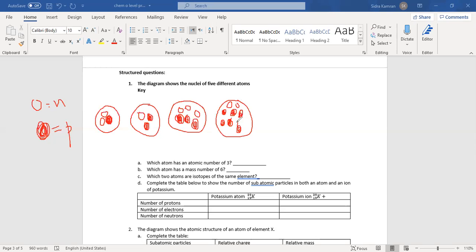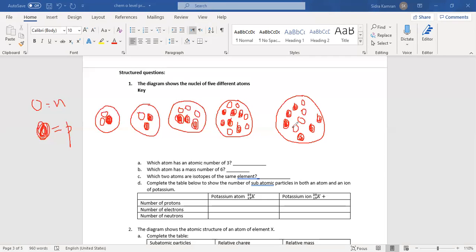And the last one with six protons and seven neutrons.